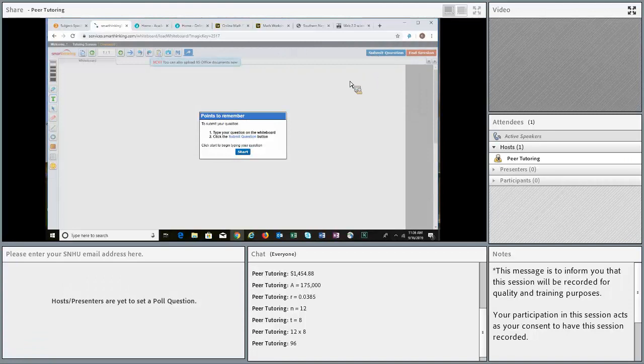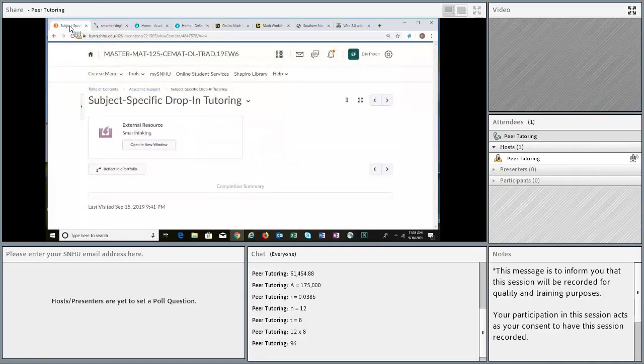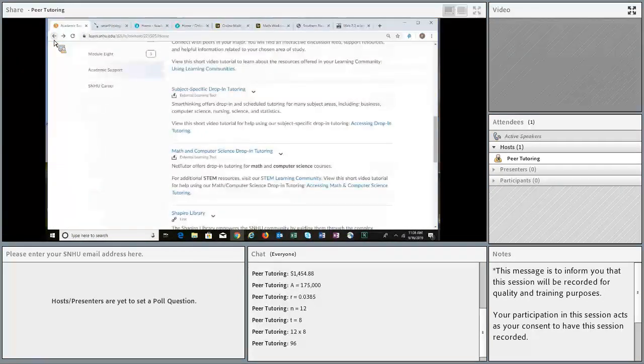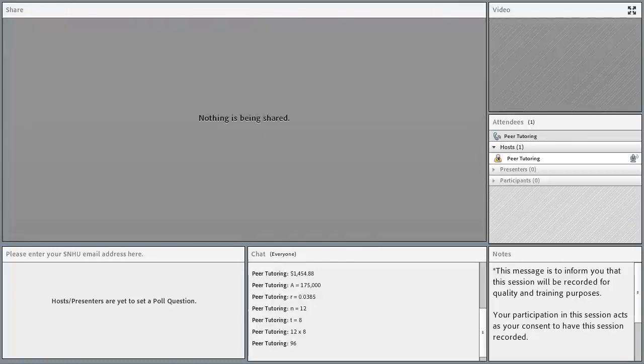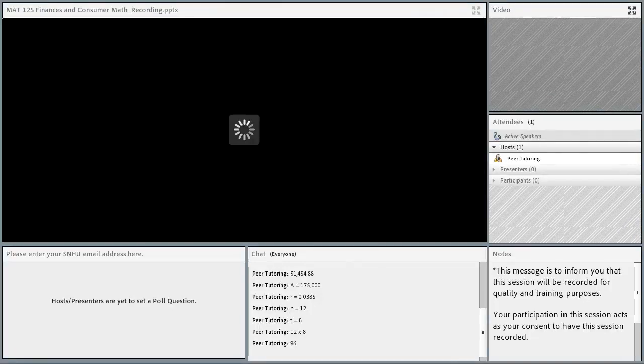You might be put into a queue depending on the time of day or how many students they have at that particular time. But when you are ready, you can submit a question and a tutor should get back to you as soon as they can. So just another option if you cannot get in with a coach or a tutor, that is available to you.